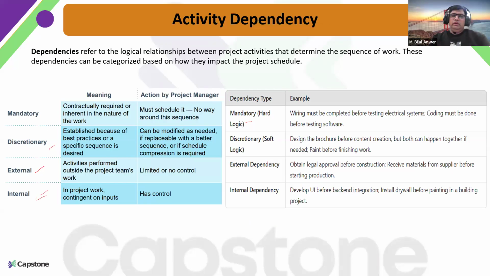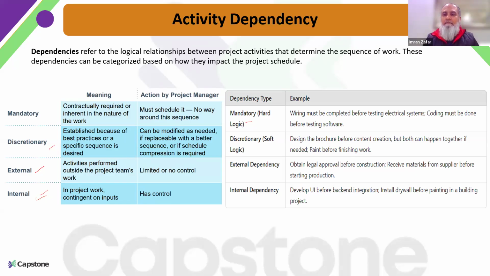Imran, the mandatory one is basically the dependency where some of the work has to be done first, and the other work has to be done later. So that is marked as a mandatory one, right? I mean, there is a logical relationship between two activities which cannot be done in parallel.